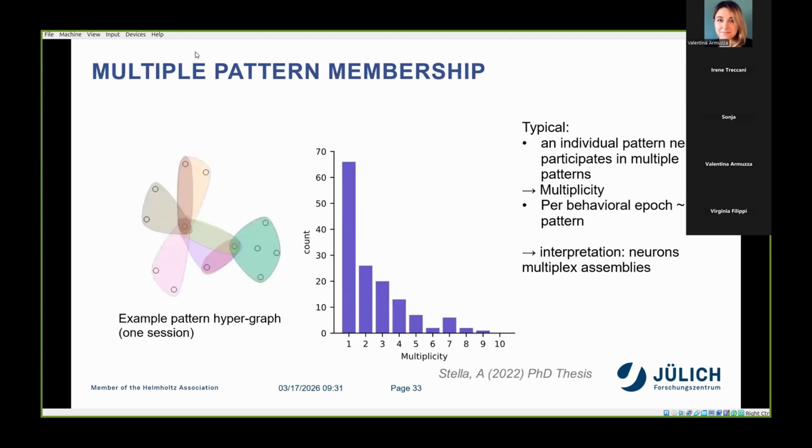Another issue we found, which I found funny, is what you first of all see on the left side. This is what we call a flower plot of the patterns occurring in a session, and these are supposed to be the neurons.